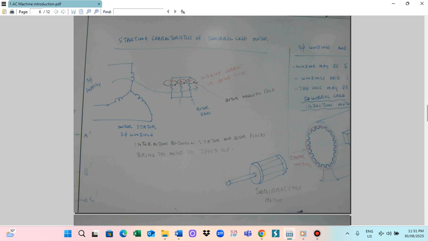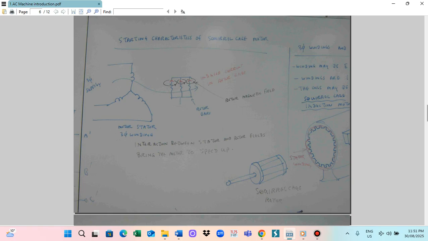The interaction between the stator field and rotor field brings the motor to speed up. So this is the operation, the starting of the three-phase induction motor.